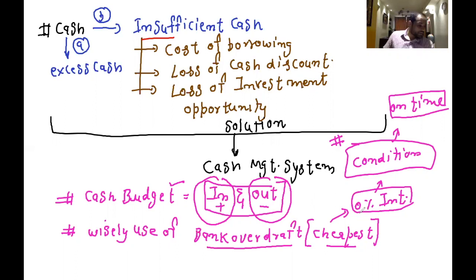Right. So that's all about the cash. Now we move on to the next. Next is accounts payable. Now we move on to the current liability, accounts payable.